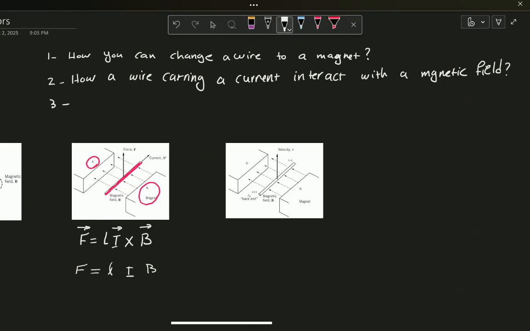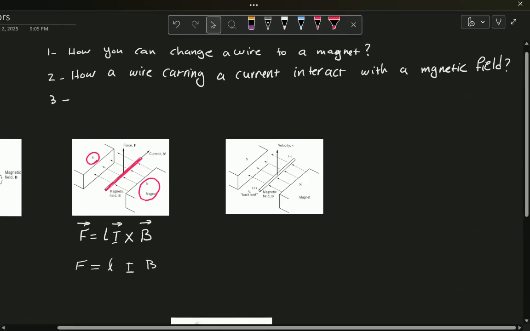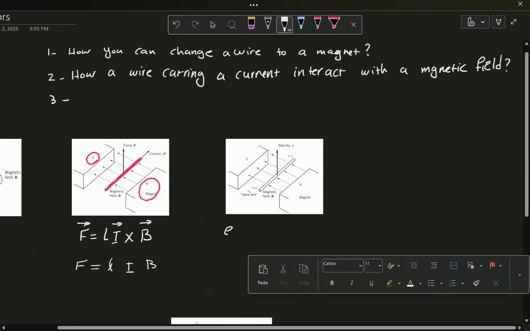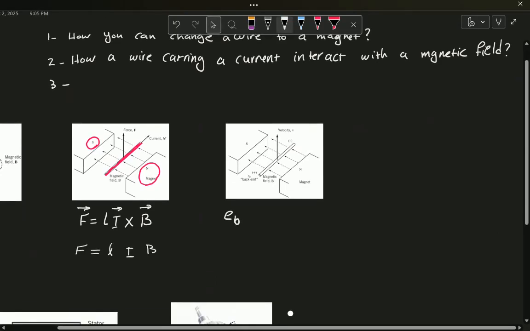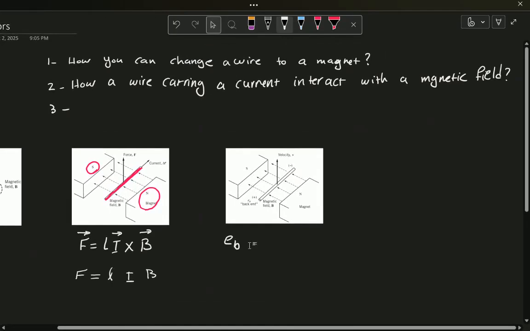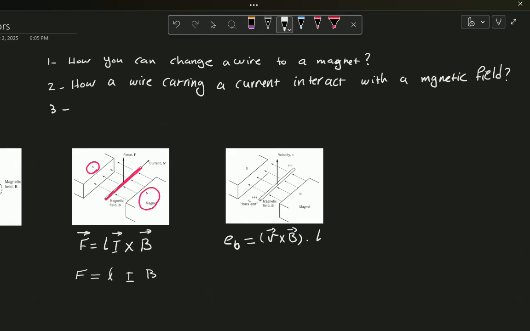We say that if you have this wire, then the voltage that your small battery will be generating would be the velocity cross the magnetic field dot the direction or the length of the wire.